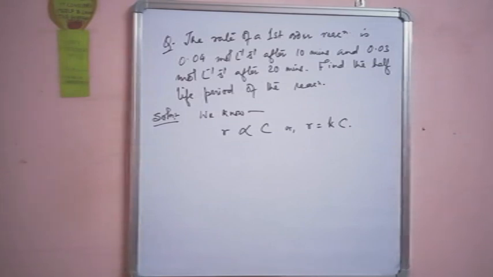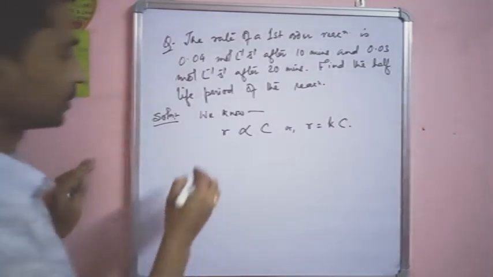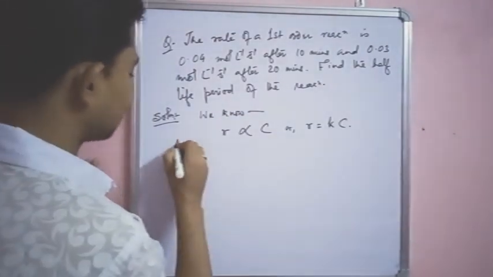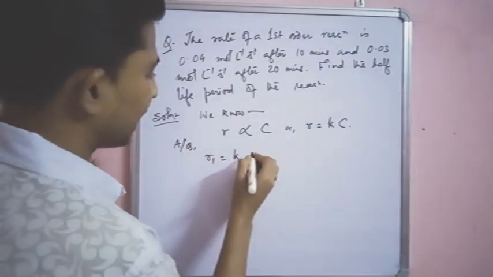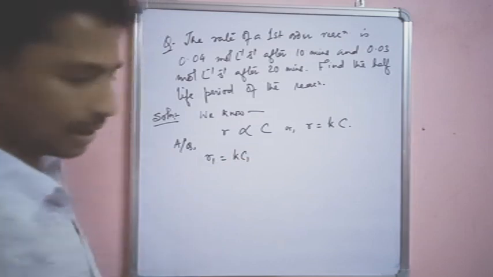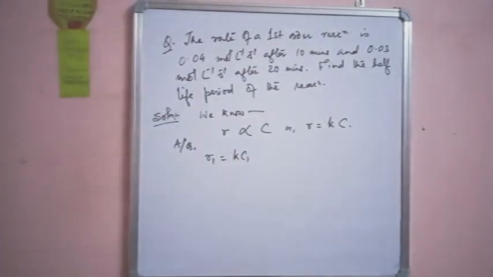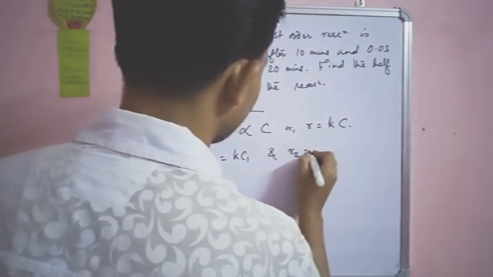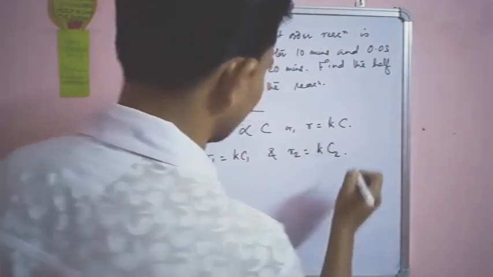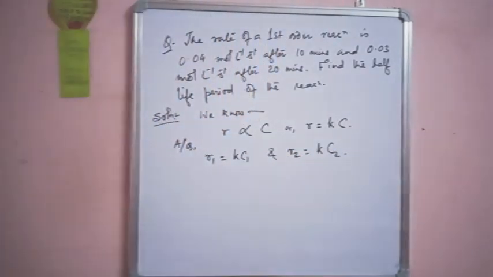Okay, so as per question, R1 is equal to KC1 and R2 is equal to KC2. ठीक है, so as per question ये है हमारा.